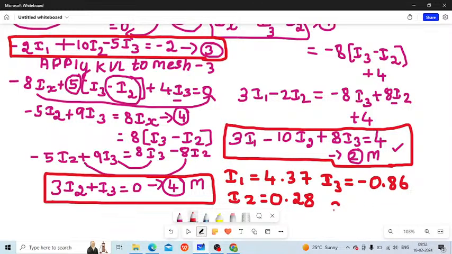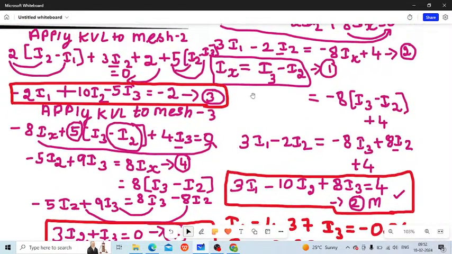So what is Ix? Ix is equal to I3 minus I2, which I have already told you before. So what is I3? I3 is minus 0.86 and I2 is 0.28. So what is minus 0.86 plus 0.28? You can see we have already written that, Ix is equal to I3 minus I2.